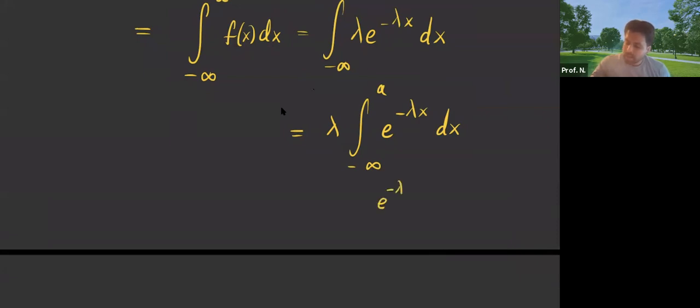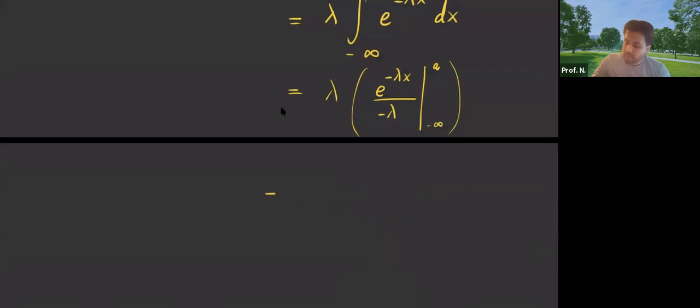It's e to the negative lambda a divided by negative lambda. The reason why is that if you take the derivative of this by chain rule, the negative lambda comes out in front and these lambdas cancel, so you're left with this. So remember, you have to divide.